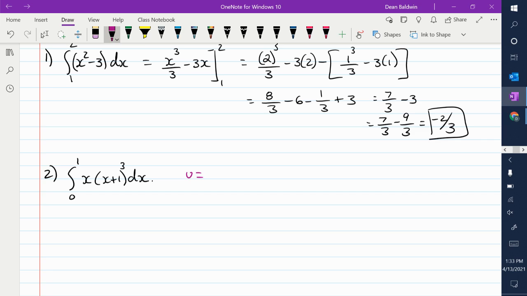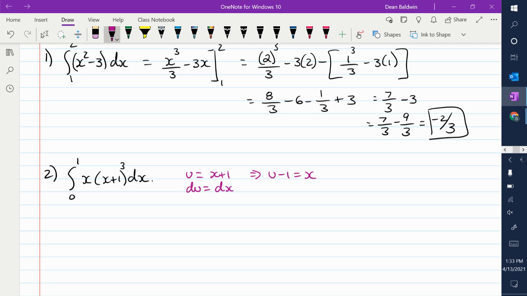So u is equal to x plus 1, du equals dx, and u minus 1 is equal to x. Bear with me so far?